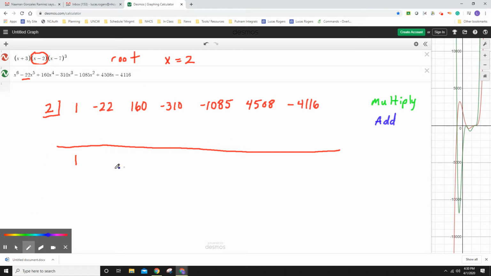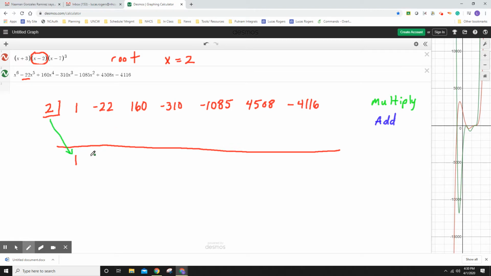And so the first one here stays in red because, again, we drop down that lead coefficient of 1. So that always will be what this value is. And the next thing that we're going to do after this is multiply the divisor 2 by this dropped down number. 2 times 1 is 2.